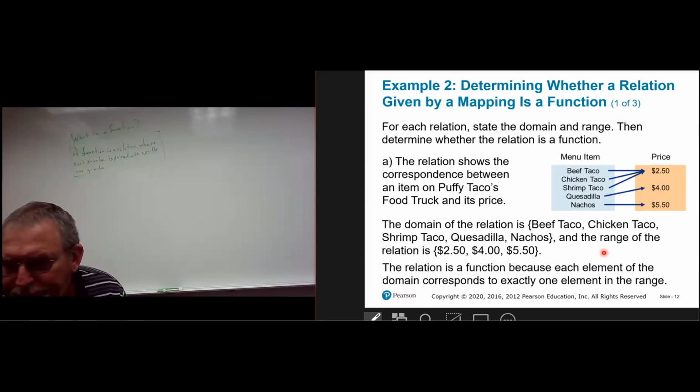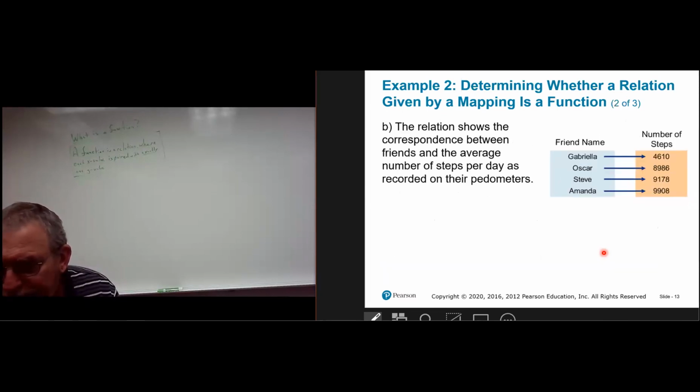Okay. And it is a function because the domain doesn't repeat, doesn't have more than one price item.